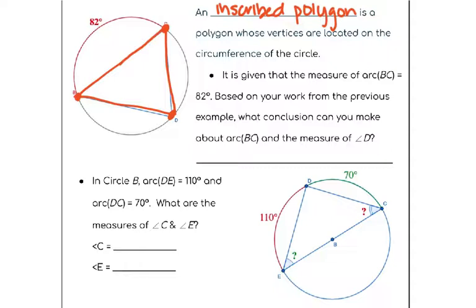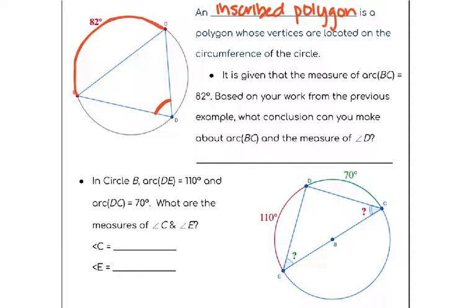So here we have that the measure of arc BC, this arc here, we know is 82 degrees. Based on our work from previous examples, what conclusion can we make about that arc and the measure of angle D, which is its inscribed angle?